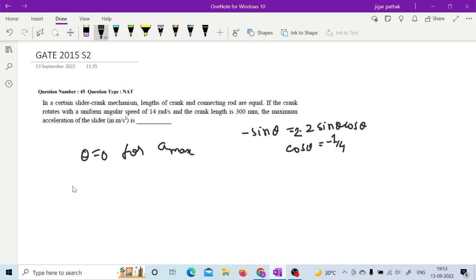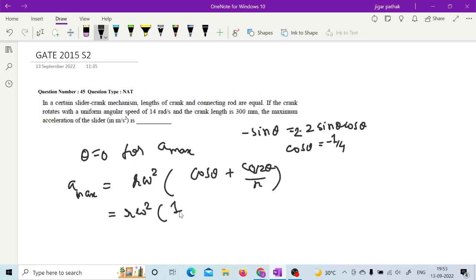Okay, sir. So if we take theta equal to 0 for maximum acceleration, then in our equation r omega square, cos theta plus cos 2 theta by n, when you put theta equal to 0, you will find r omega square into 1 plus 1 by n. You are having n equal to 1, so ultimately it is 2r omega square.